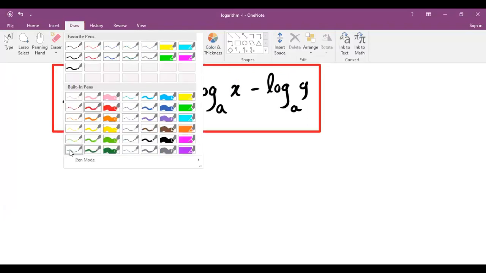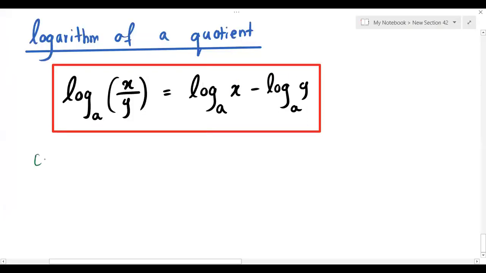Then if you consider an example, simplify and find the answer.